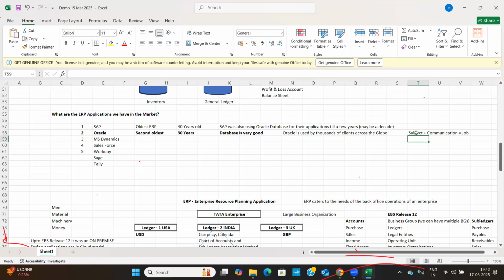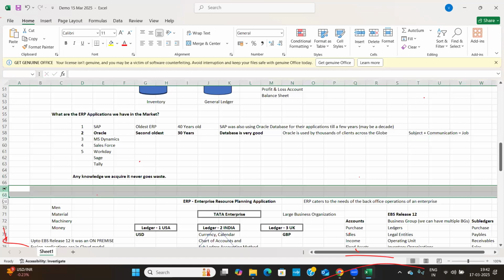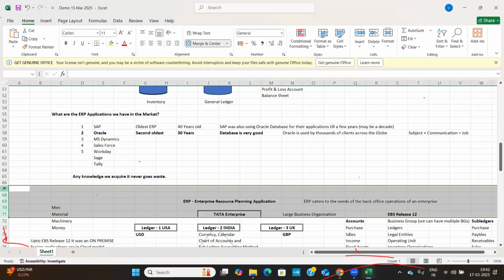You should not have any deviations. You should not have any doubts. Be assured that any knowledge you acquire never goes waste. You will get something in return for the time you spend on an application or any subject you learn.